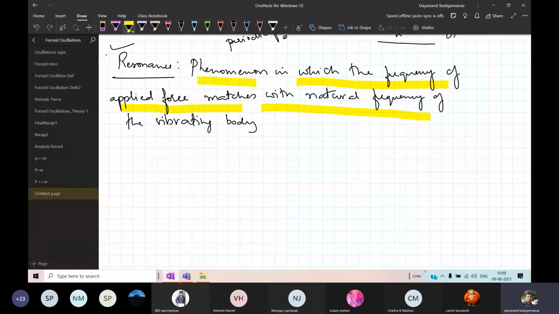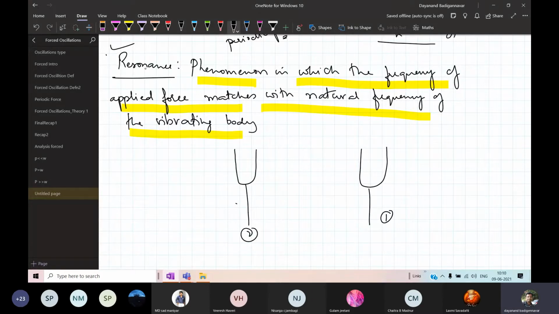Now take the same tuning forks I have. This is the first tuning fork. This is the second tuning fork. Now read the statement: the phenomenon in which the frequency of the applied force. This second tuning fork is vibrating, and I have taken its frequency as 512 hertz.